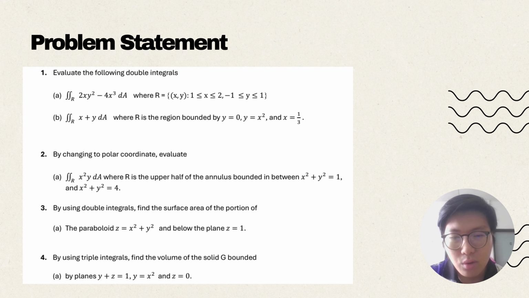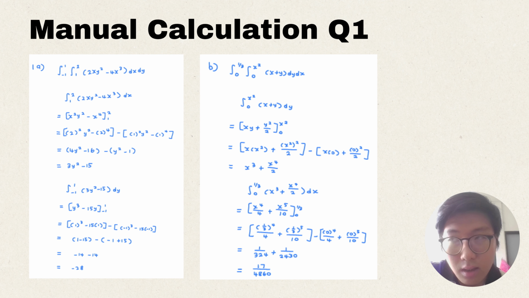So this is the problem that we need to solve in our assignment. As we know, in the question given, x is 1 to 2 and y is -1 to 1, and we just do the simple integration for dx, and we will get the answer. Then use the same answer to do the integration for dy, and then we will find the final answer is -28.